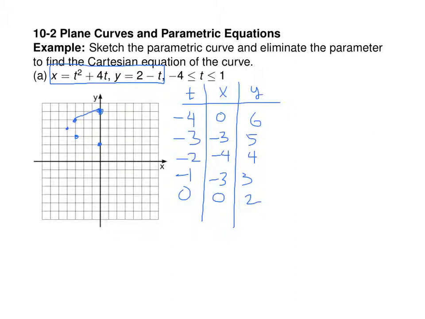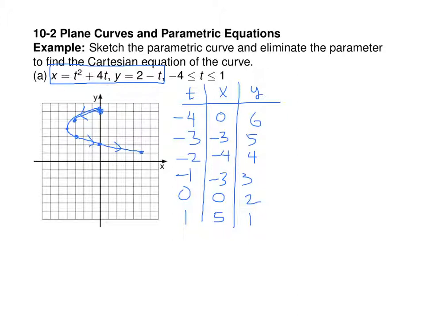And finally, if I plug in 1, I have 5 for x and 1 for y. And the particle travels this way. You can think about that t as representing time, and then this being the particle's path. It begins at that little dot 0, 6 on the y-axis and travels over to that other place.